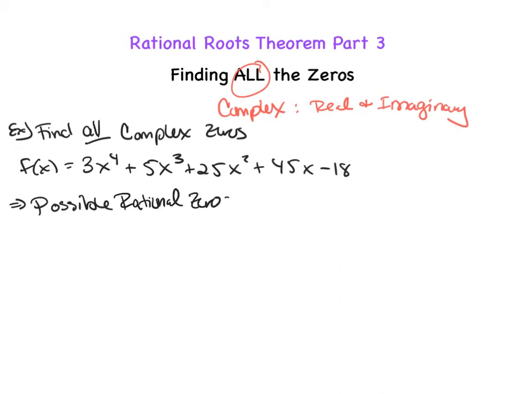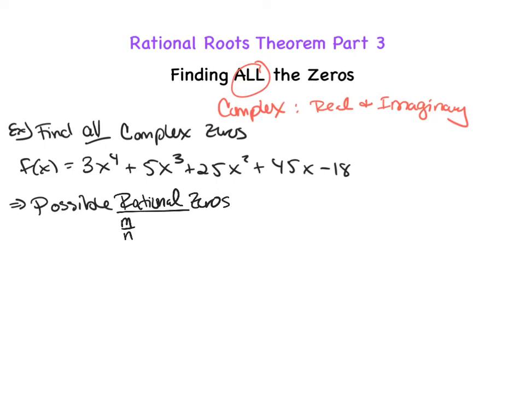Now, I want to remind you what a rational number is. A rational number is a number that can be expressed as a fraction of two integers. So 3/5 or -1/7 or even 5 or the number 0. Those could all be written as 5 over 1, 0 over 1, and other integers over integers, positive or negative.